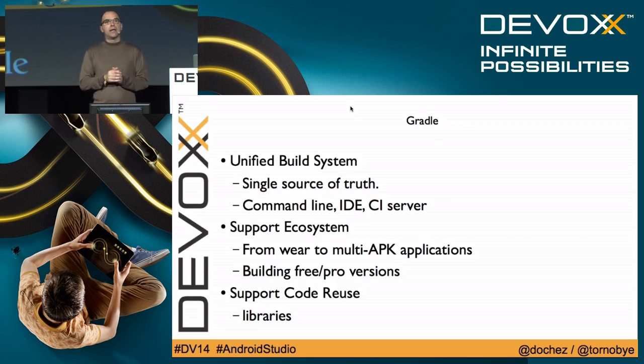Also, one of the big community feedbacks was the ability to do code reuse. And so we try to come up with more and more facilities so that you can package your code into libraries and have those libraries be reused by your applications. So as Tor said, now we start merging libraries' manifest files into the main application manifest file. So it should be very easy to reuse code when you use the Gradle plugin and its tools.